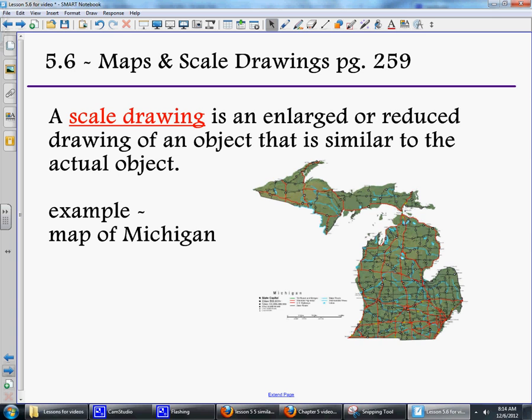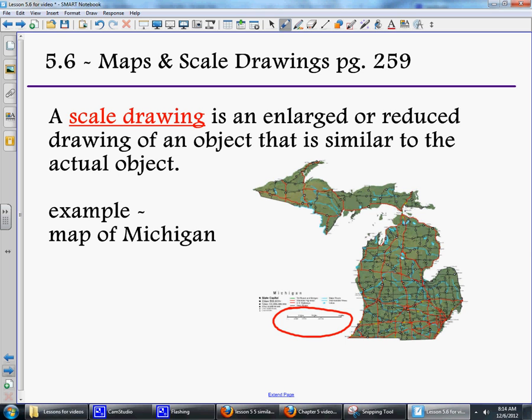A scale drawing is an enlarged or reduced drawing of an object that is similar to the actual object. The most common example of scale drawings are maps, and here's a map of Michigan. And this here is the scale, and it's very hard to see what it actually says.